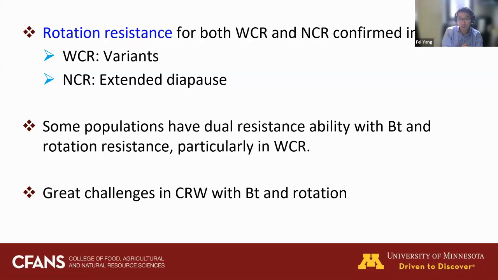That means for some populations, we have dual resistance, both Bt resistance and rotation resistance, particularly in western corn rootworm. And as mentioned, the western corn rootworm has more widespread Bt resistance compared to northern corn rootworm. So these create great challenges for management of the corn rootworm complex with the most adopted tools, like Bt technology and crop rotation.